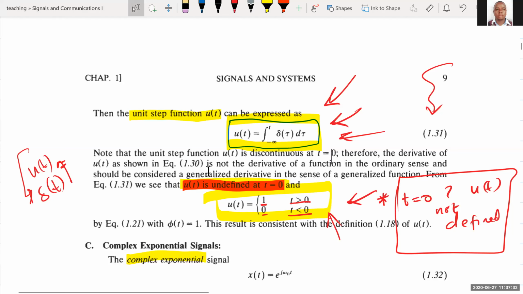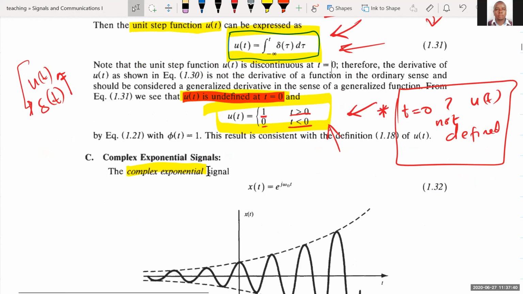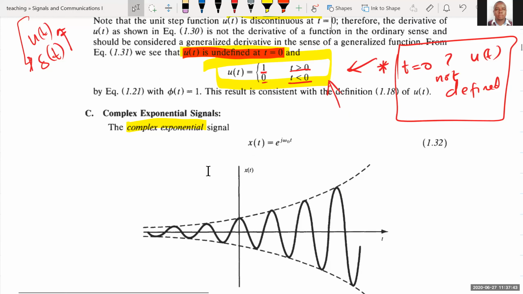So, having discussed the first two signals, the unit step and the unit impulse, we are ready to move forward and discuss the complex exponential signals.